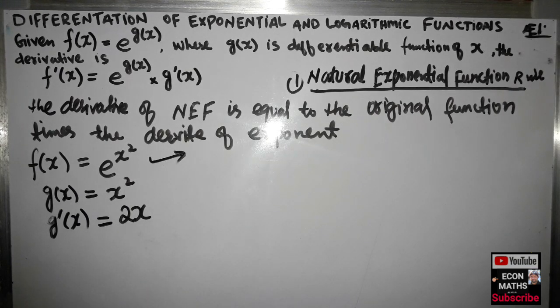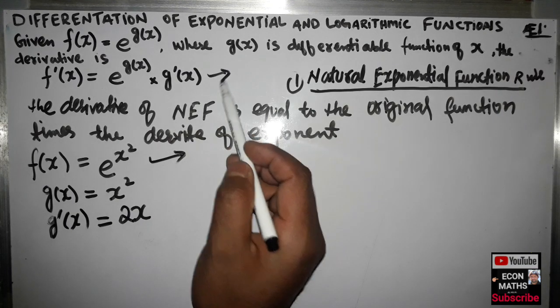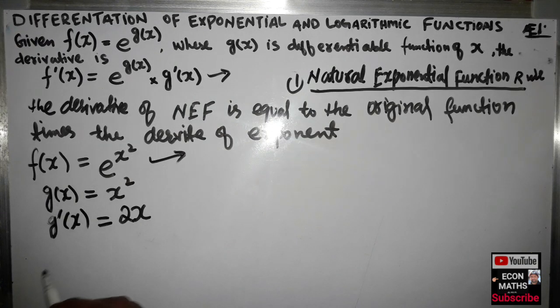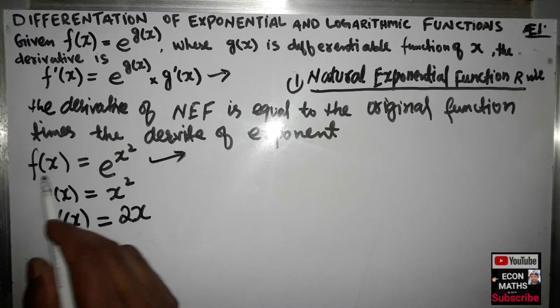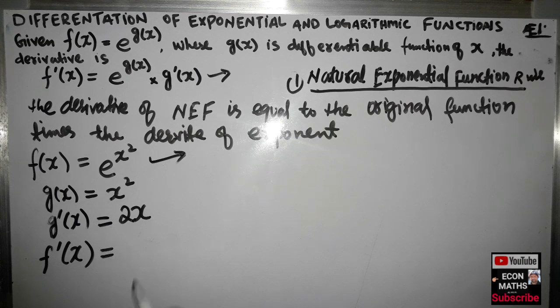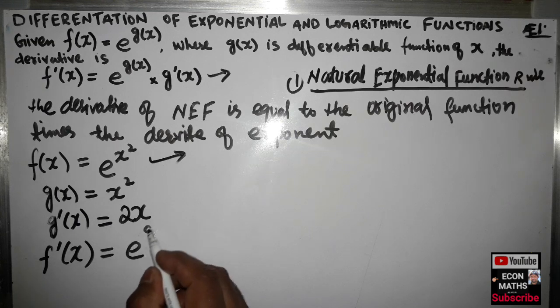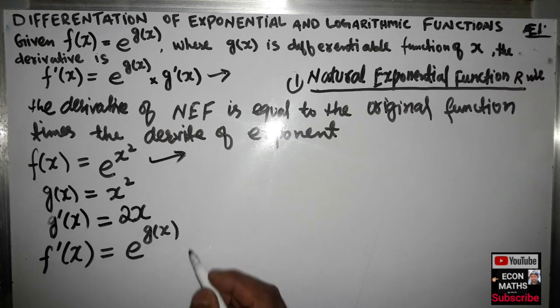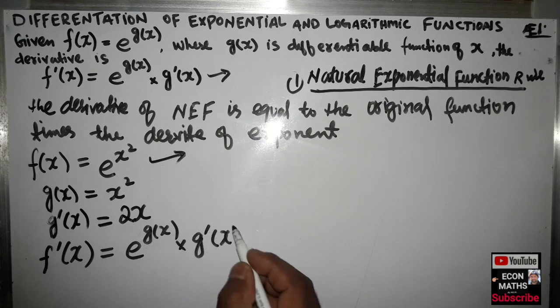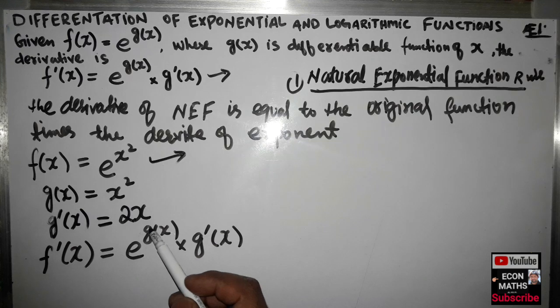Now the differentiation of this function will be equal to, we will substitute the value of g of x in this equation to get the derivative. So f dash x is equal to e to the power g of x times g dash x, that means the derivative of this exponent.